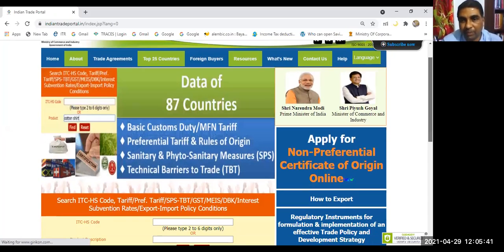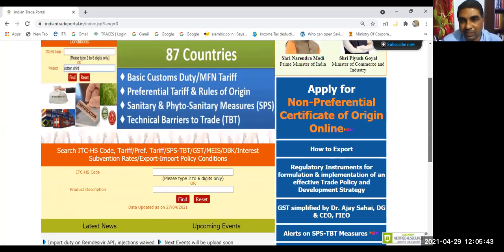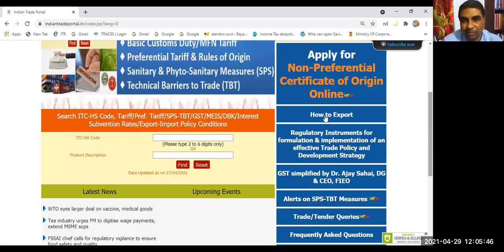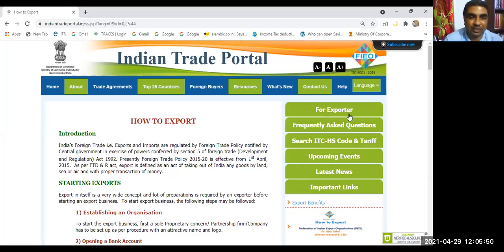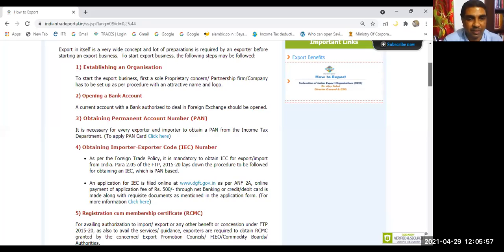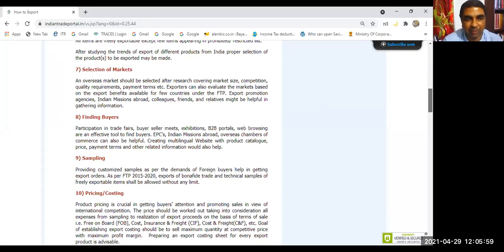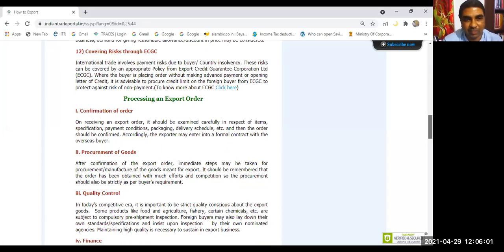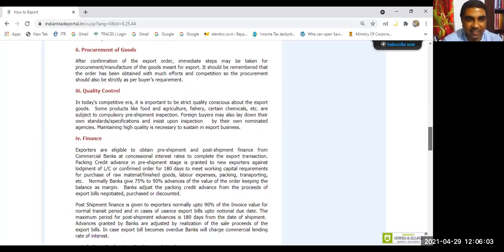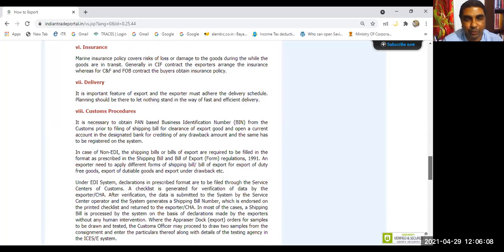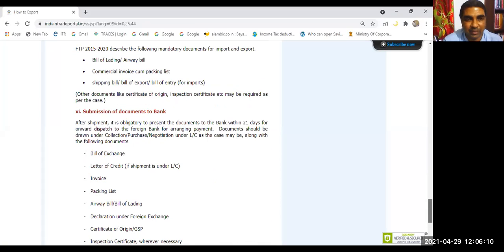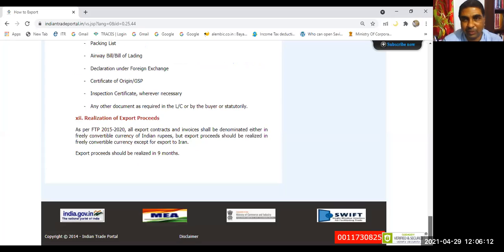You see, apply for certificate of origin, how to export. This link is there, I'm just showing you. Step by step processes are there. These are the processes which we have discussed. Processing of export order, you see here, things are in detail. So I had broadly explained, but if you want to know the process in detail, you can go here: what are the documents, how they are to be submitted.